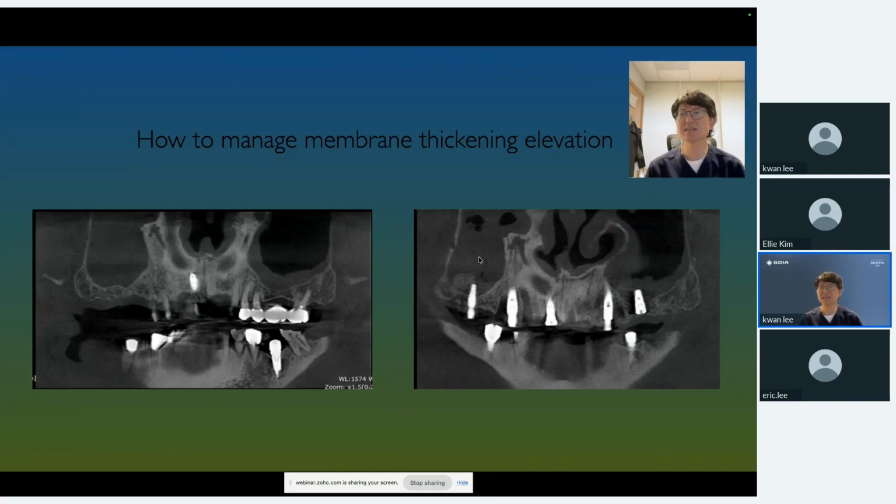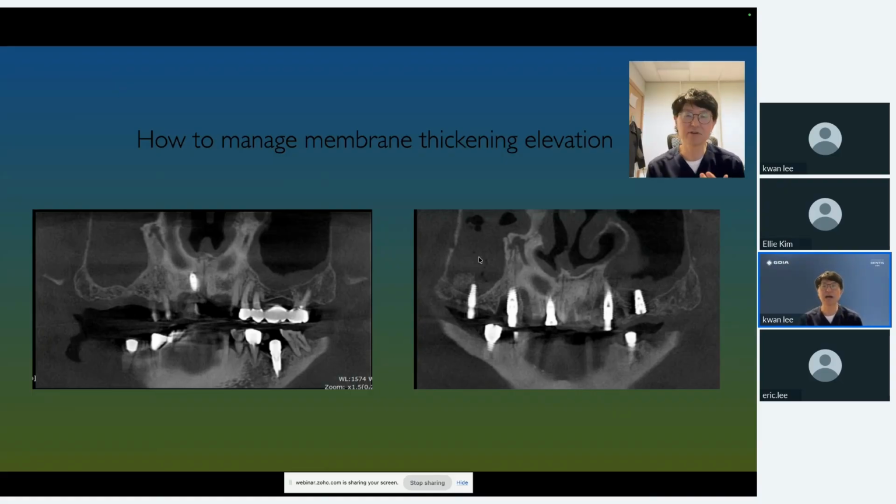Membrane thickening is a non-pathological finding. You can just do it without any problem. A lot of times doctors warn you, don't do this, it will rupture. But actually, I like membrane thickening better, because the membranes are more resilient, so it takes a little bit more pressure, but they're less likely to perforate.